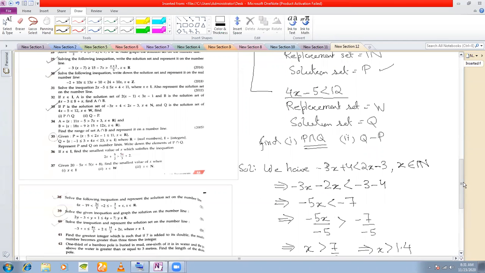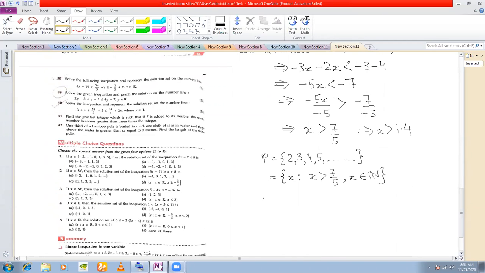For the second one, 4x minus 5 less than 12. From here you have 4x less than 5 plus 12. You take 5 to the other side, so you get 4x less than 17. Now you divide both sides by a positive number, 4, so you don't have to reverse the sign of the inequality.